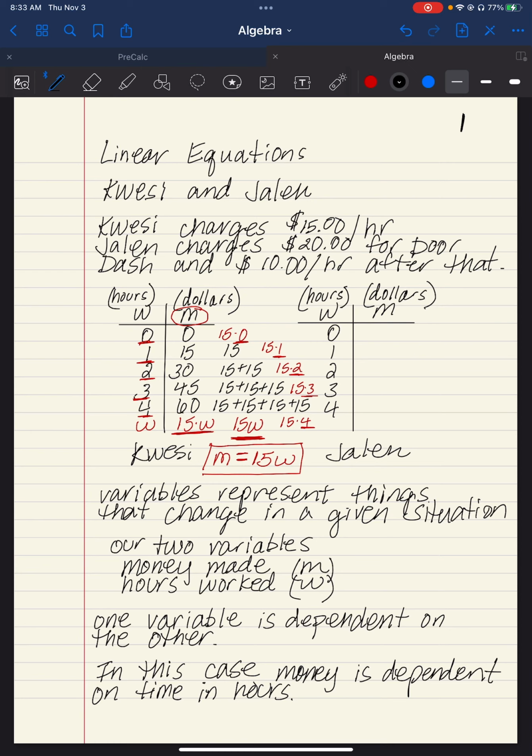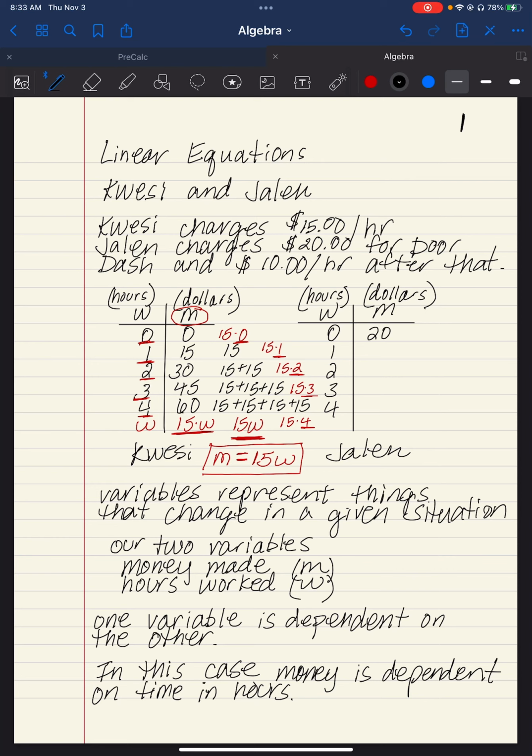So we're going to say, even if he works $0, he gets that $20 added on. This is a different scenario than Quessy. All right, so we've got 0 hours worked, $20 made. That's nice. But he's charging less per hour. So let's see what happens over time as he works.